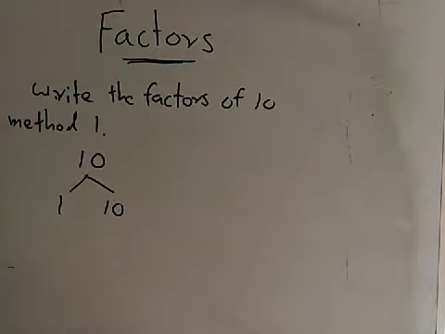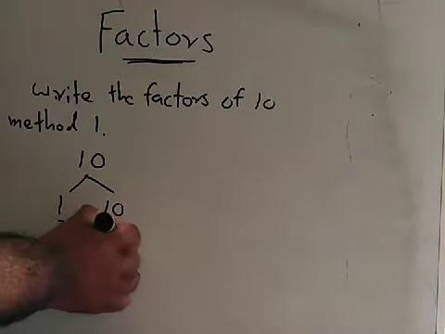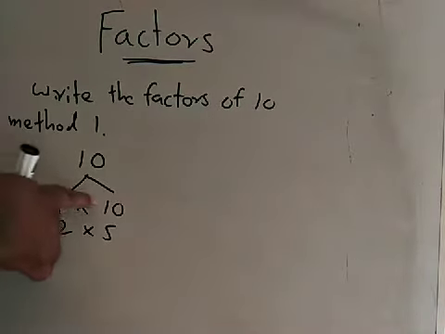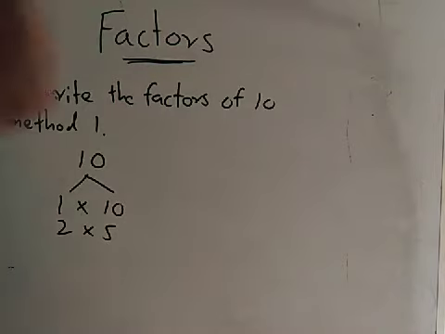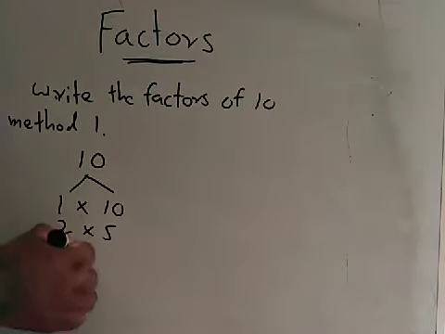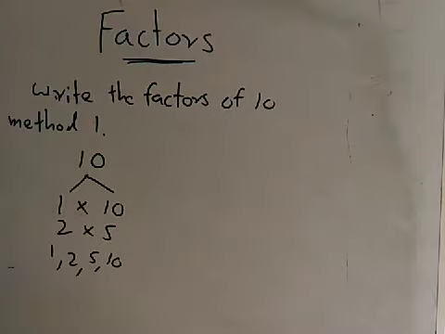When 2 is multiplied by 5, it will make 10. So 1 into 10 is 10, and 2 into 5 is 10. Then we can write that 1, 2, 5 and 10 are factors of 10.